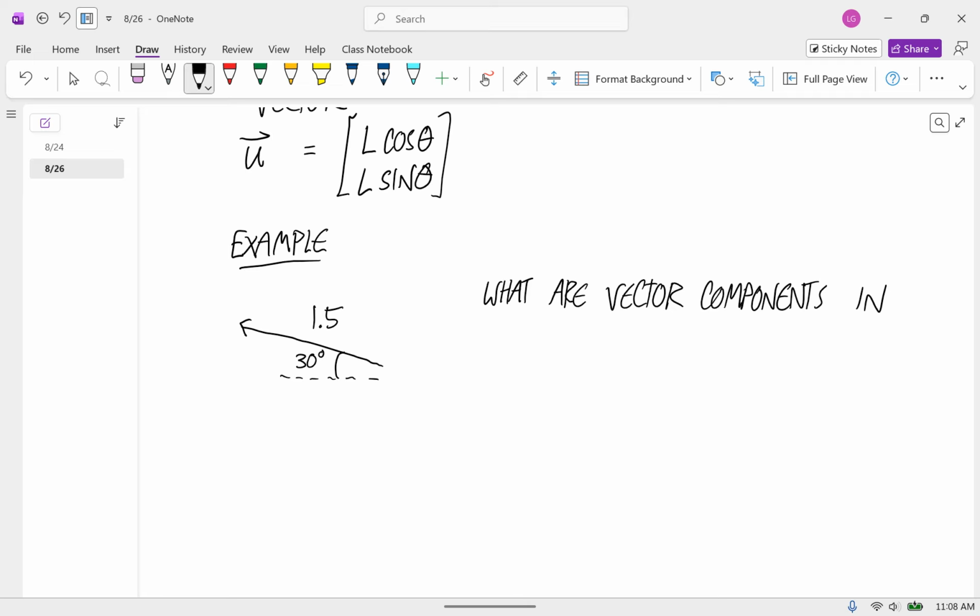In order to give vector components, you always have to know what your coordinate system is. Sometimes I won't specify that, and in that case, I'm probably just assuming you're going to use x to the right and y up because that's what you're used to using. But vector components don't make any sense until you choose your coordinate system. So let's say that our coordinate system, again, is going to be just the standard x this way and y this way.